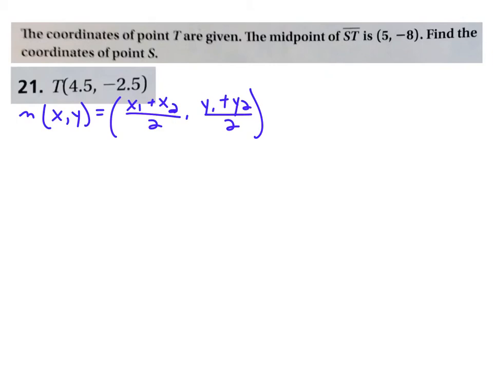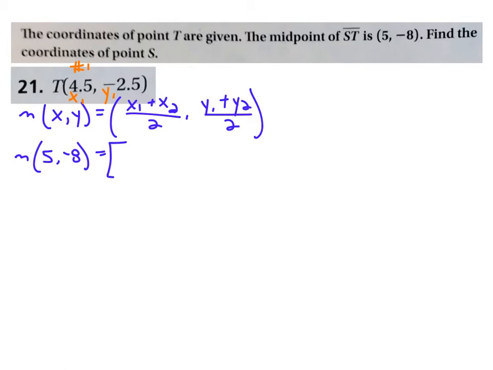Okay, so here's our formula, and we're going to sub in what we know. We know the midpoint coordinates are 5, -8. And we'll call this point number 1. So that's x1 and y1.